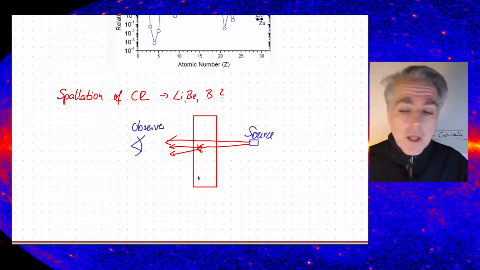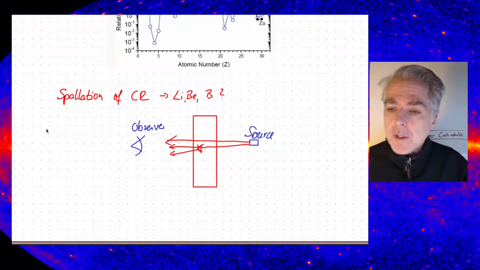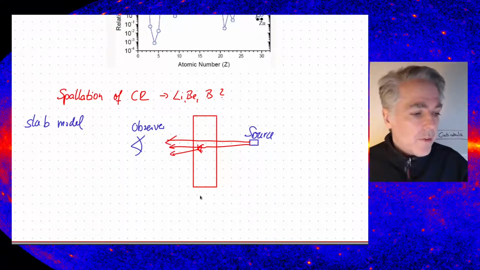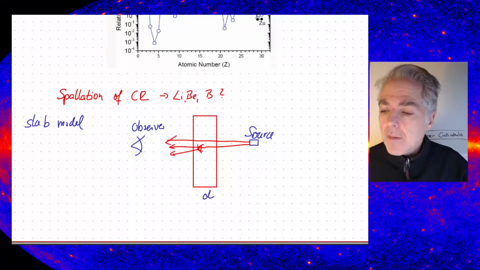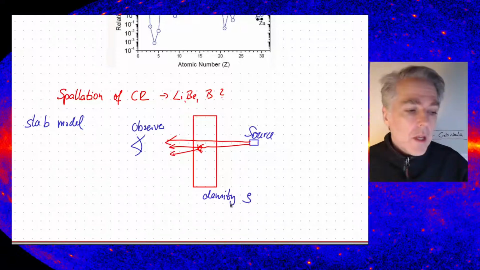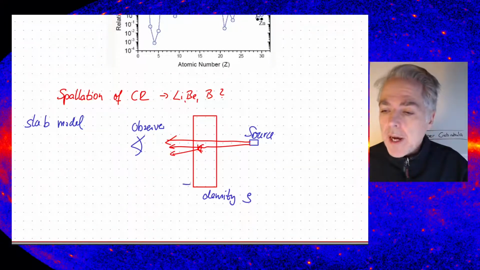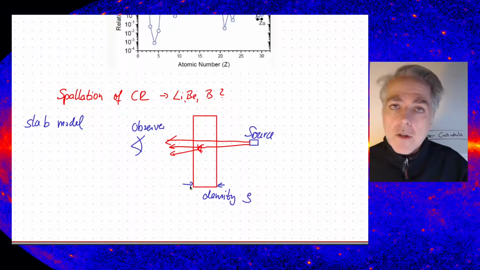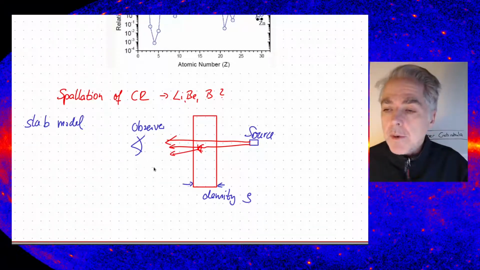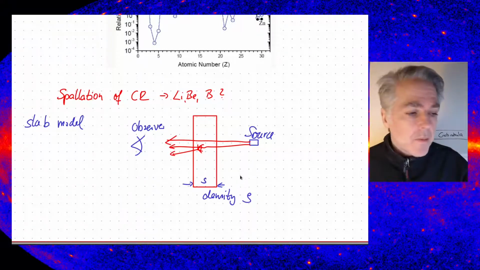Let's assume now that our one slab of matter is homogeneous, so we have a homogeneous density. So the mass density should be rho. And let's assume that the path length, so the distance through which the cosmic rays pass, has a thickness of s.